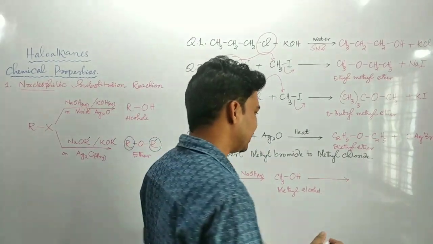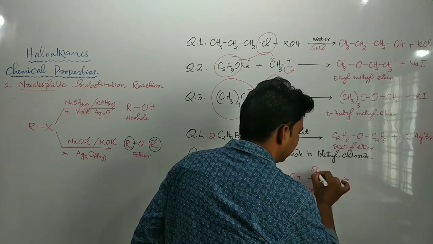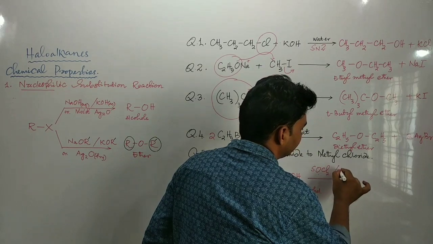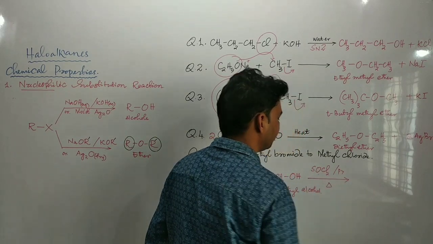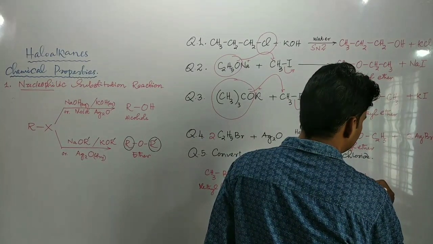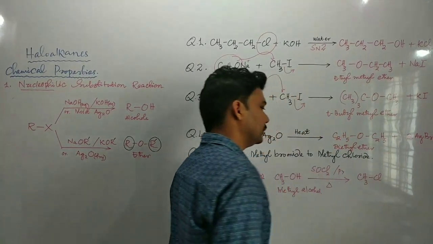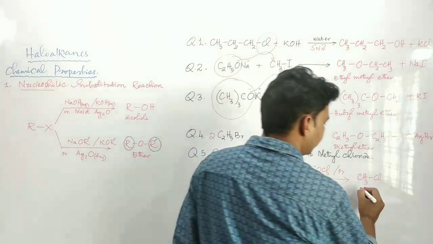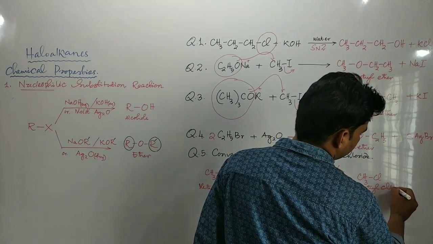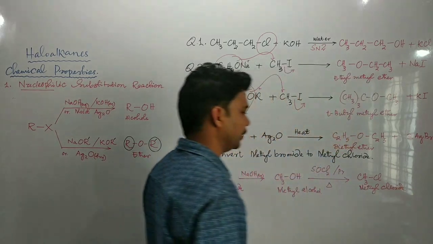Okay, so let us use any of those reagents. I am using thionyl chloride, SOCl2, in the presence of pyridine base. When this mixture is heated, then you will get CH3Cl, methyl chloride. In this way, we are getting methyl chloride.